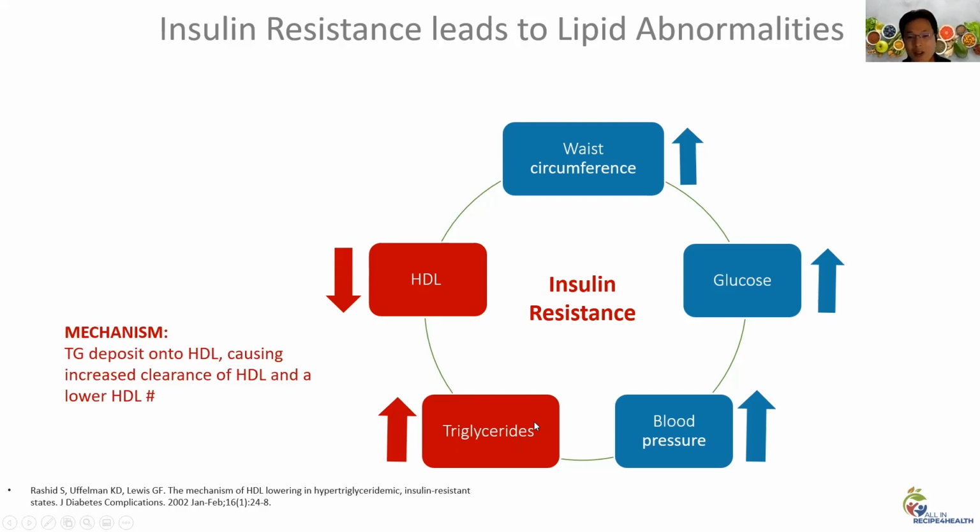When you have a lot of them, all this fat floating around in your blood because of too much sugar in your body, these triglycerides deposit a lot of substances onto the HDL. Then the HDL becomes targeted and it causes increased clearance. So the HDL goes away, and your HDL drops. So anytime your triglycerides go up, your HDL drops. They're just related that way.